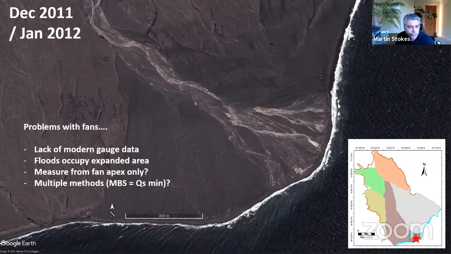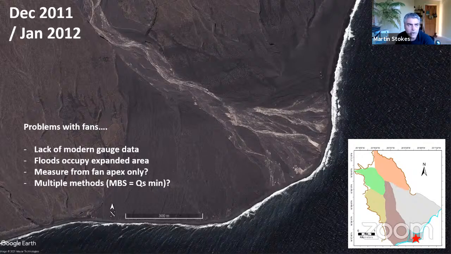We've got a lack of modern gauge data from this fluvial system, so it's quite challenging to work out how valid the results are. And we're measuring from quite a restricted number of sites because this is a work in progress. There are some challenges with fans. In terms of the width, it may be better to measure the fan apex area.